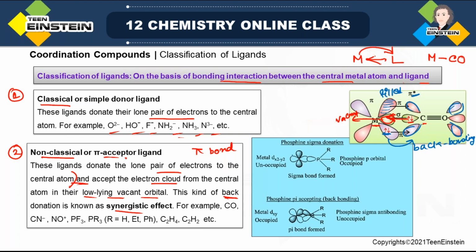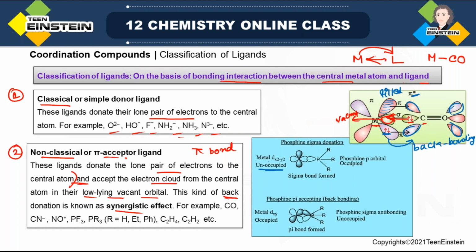One more example with phosphine ligand. The previous example was with metal carbonyl complexes, which are very stable for that reason. So what happens in the case of phosphorus? Here we do not have any pi bond, though in most cases you will find a pi bond. But still see what is happening. First, the metal's dx square minus y square orbital is vacant, unoccupied.